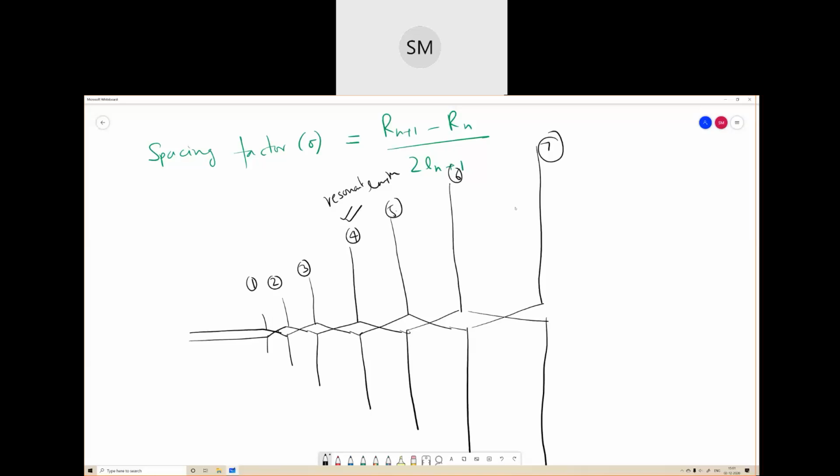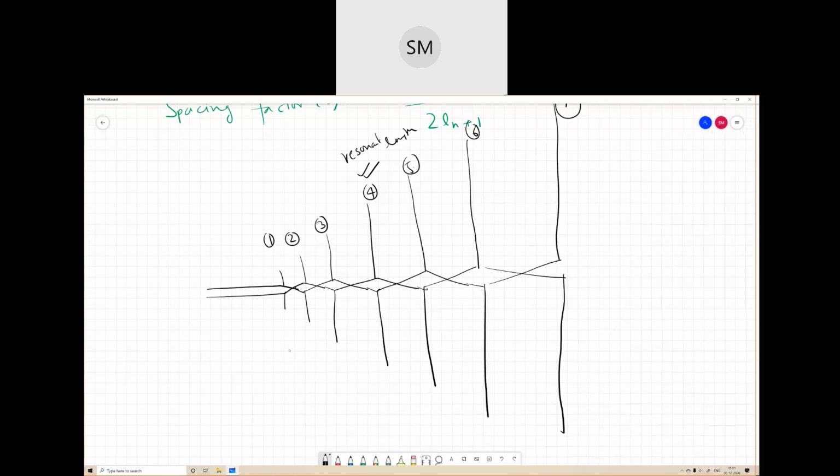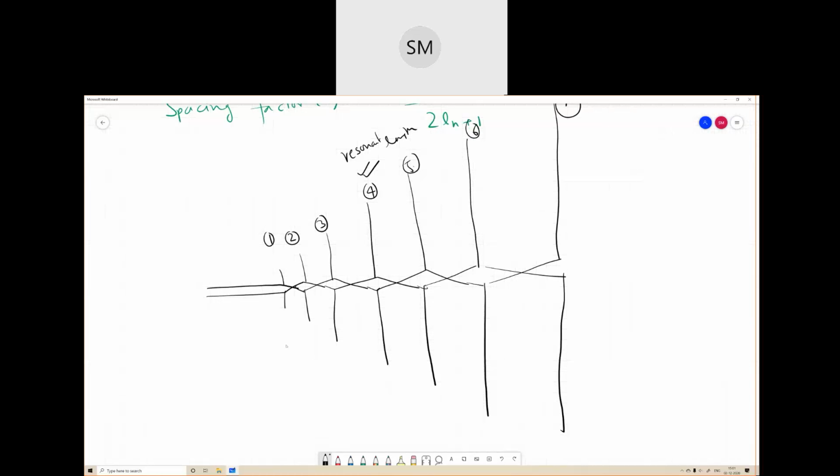Now, what is the phase difference of the currents fed to each element? Obviously, as we have discussed, two subsequent elements are fed 180 degrees out of phase, as shown by the crisscross connection. So what is the phase difference? The phase difference would be pi minus beta d, where d is this distance.